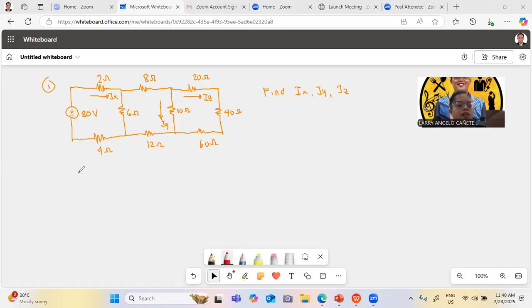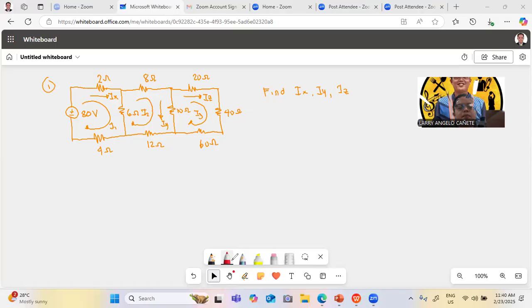Anyway, if this is your mesh 1, this will serve as your mesh current I1. And then, if this is your mesh 2, this is mesh current I2. And then, if this is your mesh 3, this is now my mesh current I sub 3.